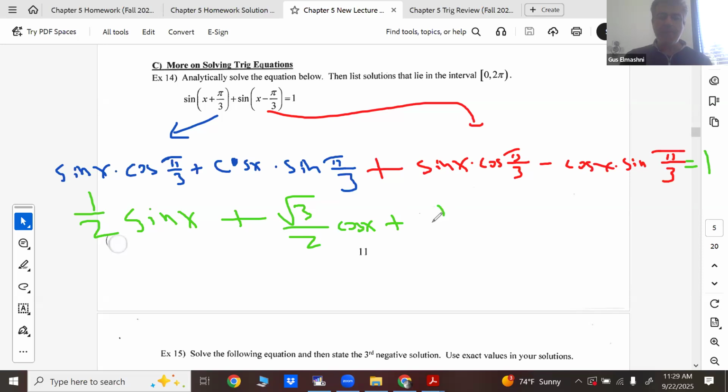Again, that's 1/2. But what happens here? Yeah, isn't that nice when it happens? And do things cancel? Yes, they do. So cancel, cancel, half and half.